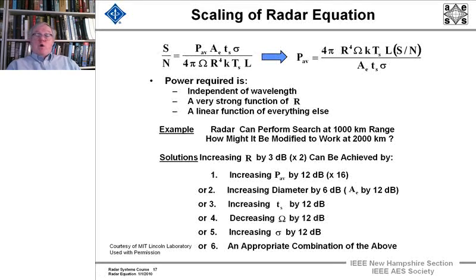If you want to see small targets, that's hard. Or any appropriate combination of the above, which gains you 12 dB. So it's going to be quite a job. And likewise, you can just pop this cross-section over here, put the power down here, and it says if you want to see a very small target, you've got to do a lot of work.